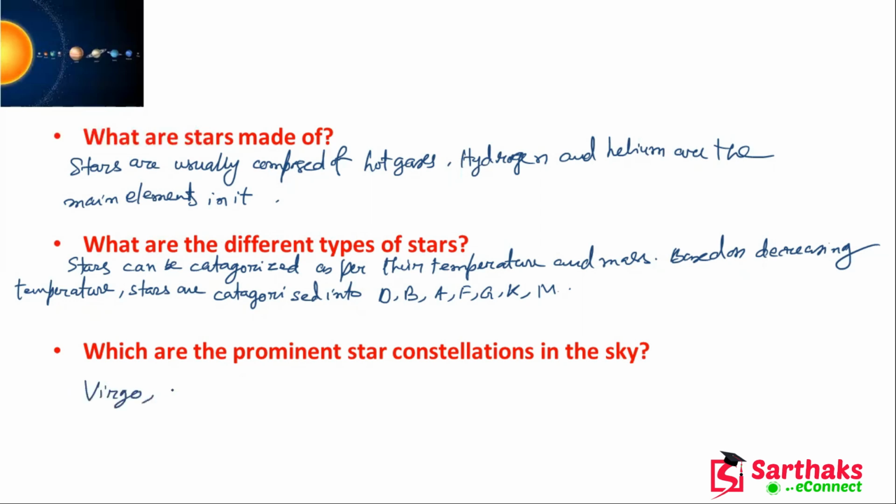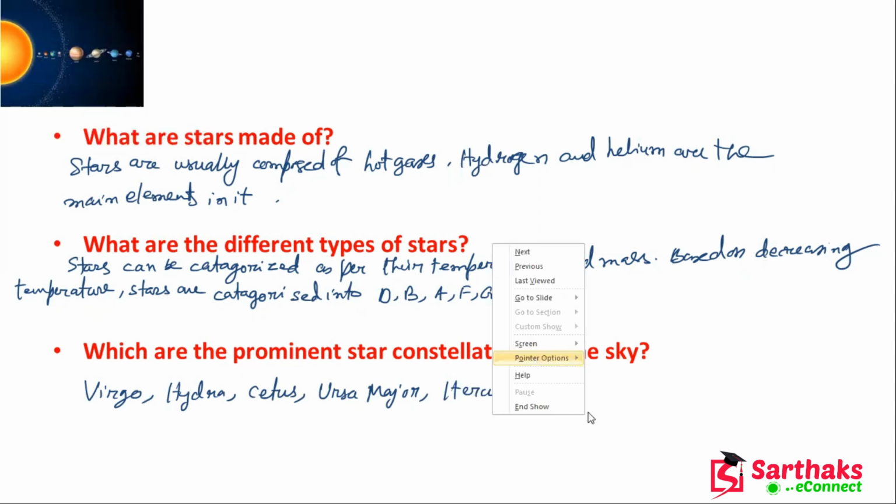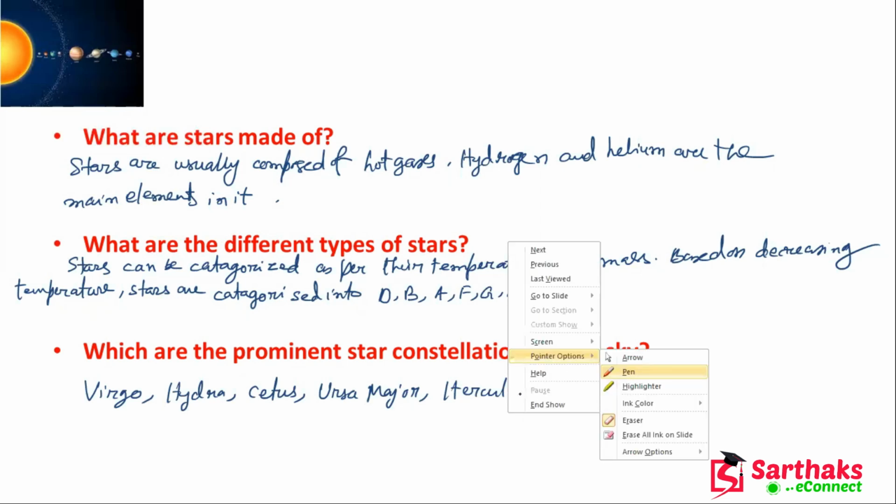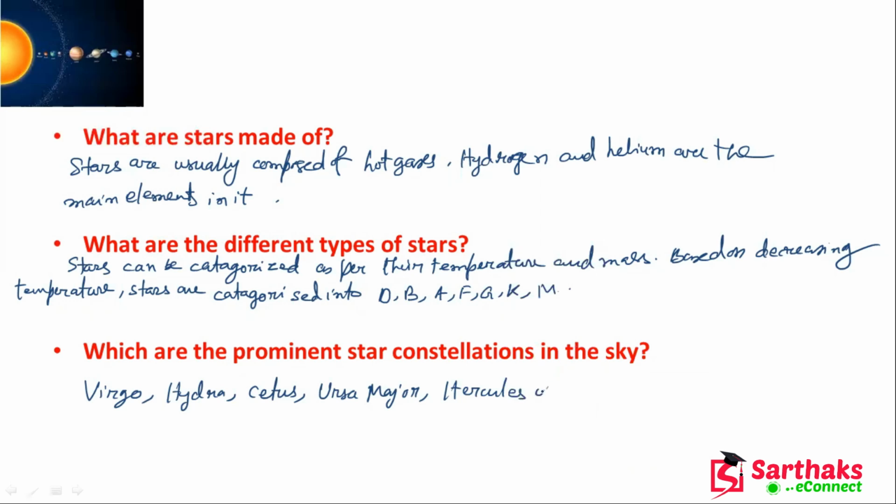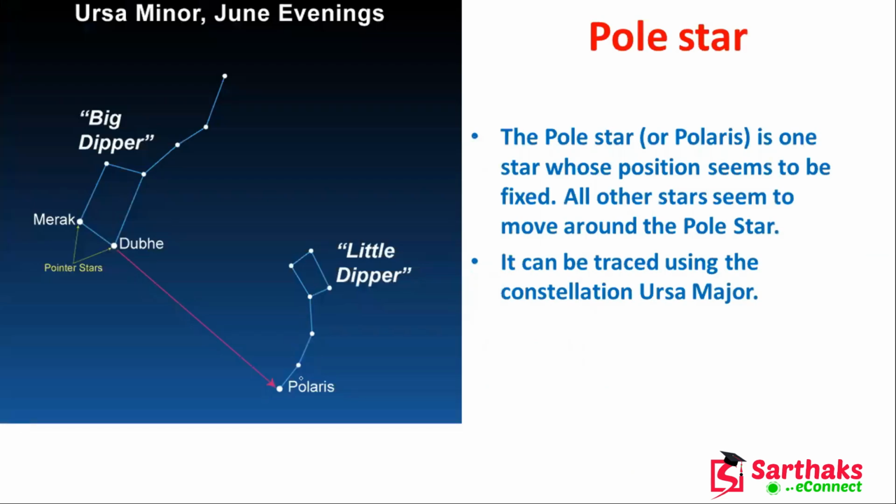Virgo, you can see, Hydra, Ursa Major, Hercules, and Orion.